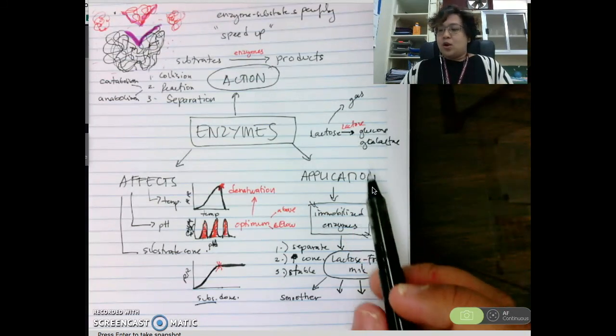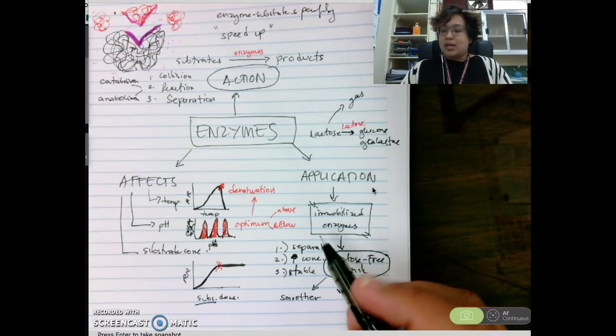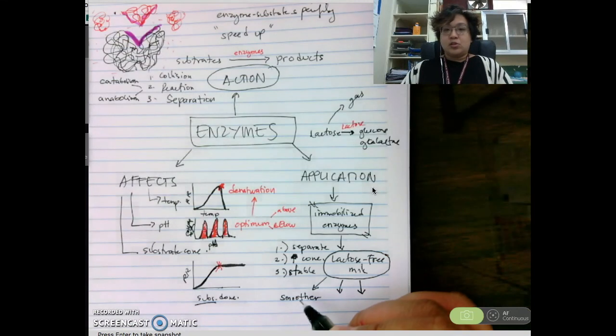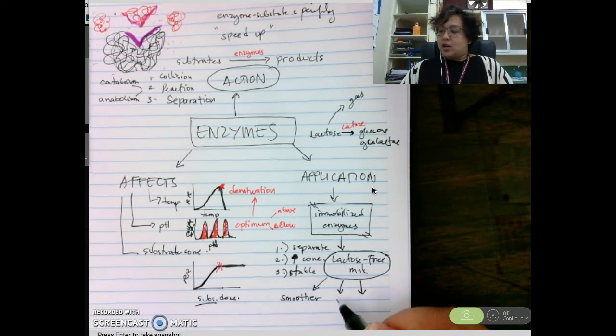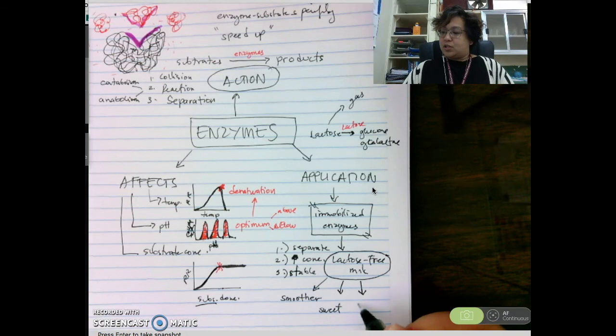So we use immobilized enzymes to convert lactose into glucose and galactose because it's smoother in its texture. Another one is the taste. So glucose and galactose has a higher sweetness level than lactose. So products that need to be sweet, we turn the lactose of that product into glucose and galactose. And of course, for lactose intolerance, people have lactose intolerance.